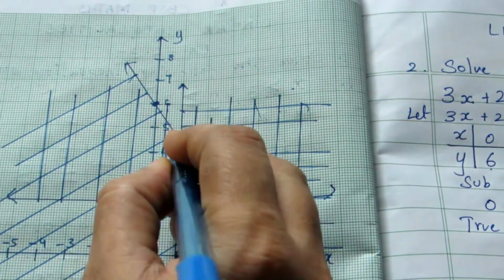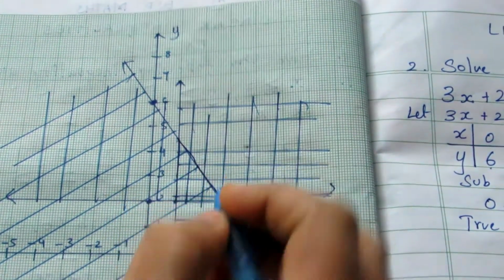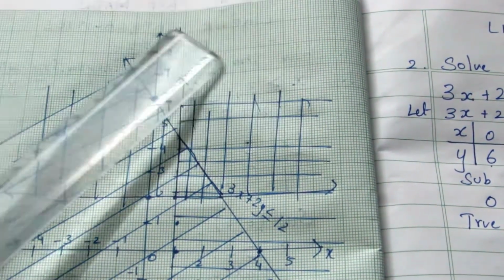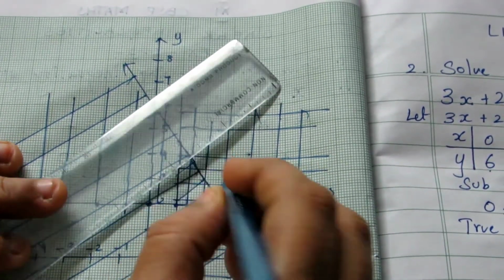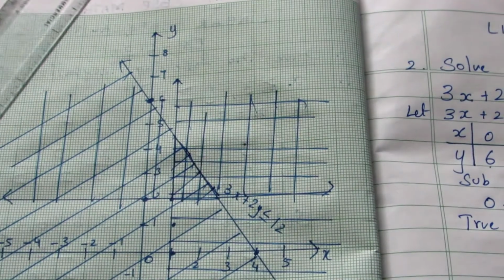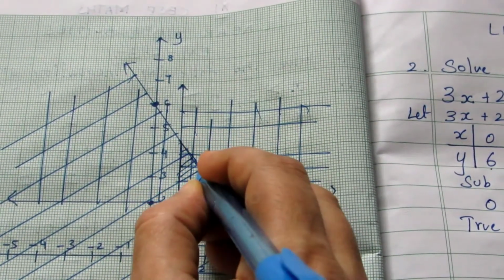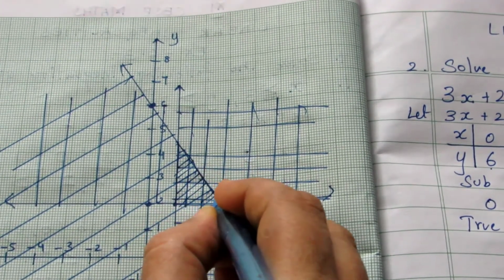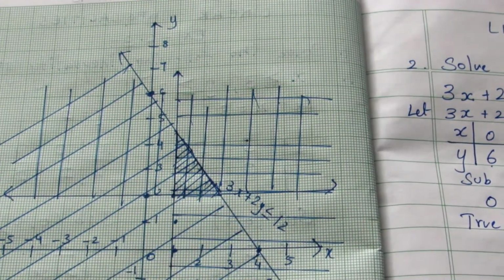So this is the area where the three things meet together. This is the area where all the three shaded regions meet together. So we can see clearly that here all the three graphs meet. So this is the solution we want.